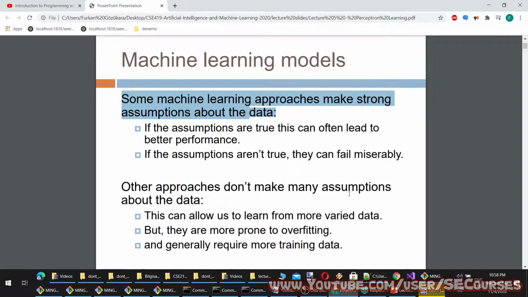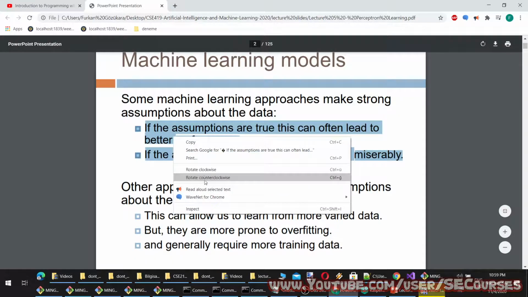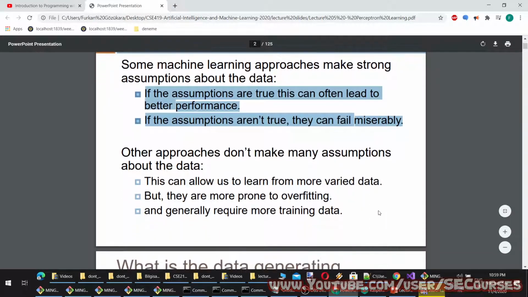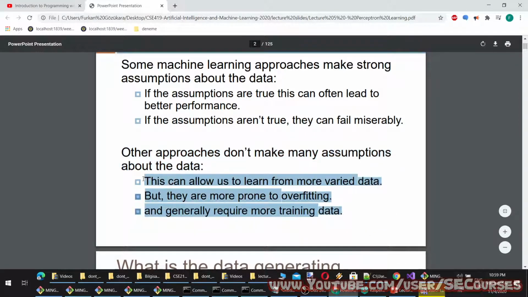Some machine learning approaches make strong assumptions about the data. If the assumptions are true, this can often lead to better performance. If the assumptions aren't true, they can fail miserably. Other approaches don't make many assumptions about the data. This can allow us to learn from more varied data.